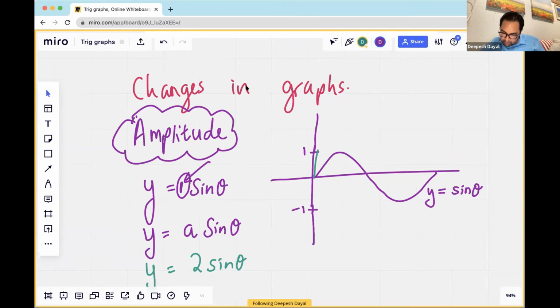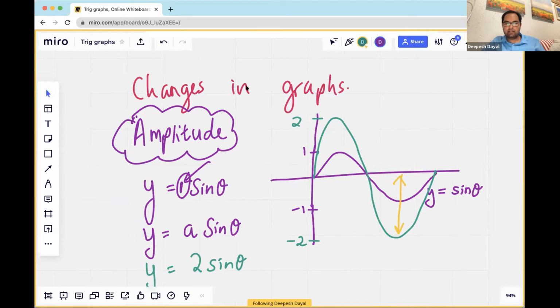Like that. So that's 2 and minus 2. And that's the new amplitude. Does this make sense, everybody? Yeah? The amplitude changes.